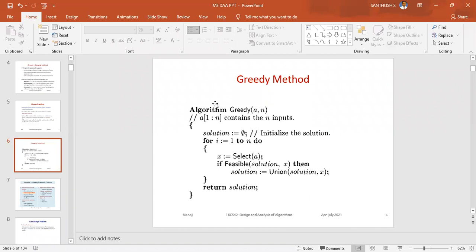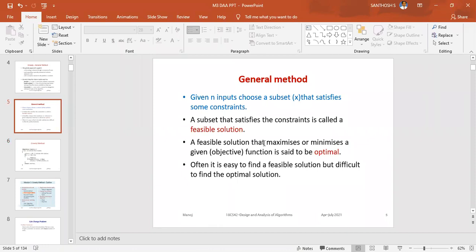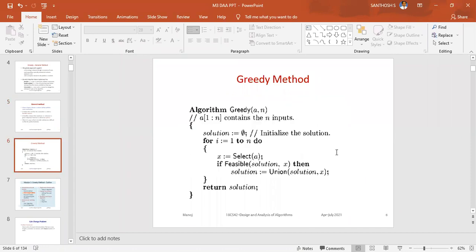This is only for checking feasibility. From 1 to n you will find all the solutions, and finally return the solution, which is the optimal one. The solution that maximizes or minimizes the objective function is said to be optimal. So the first step is finding the subset, and the second step is making the subset feasible.